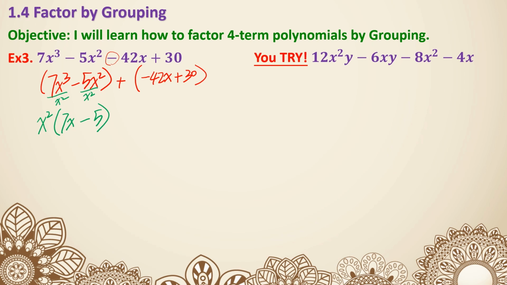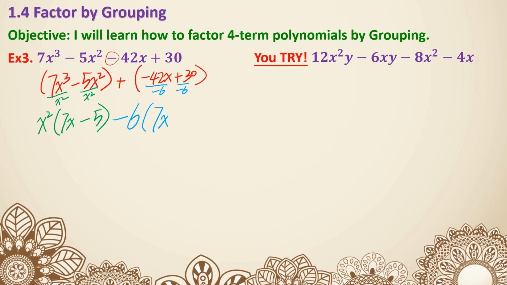Next, -42x and 30. They do not share any x, but -42 and 30, well, first they will share a negative sign. They can both be divided by 2 to begin with, or if you notice, they can both be divided by 6. Okay, after I take away a -6 from both parts, -42 divided by -6 is a +7 with an x.